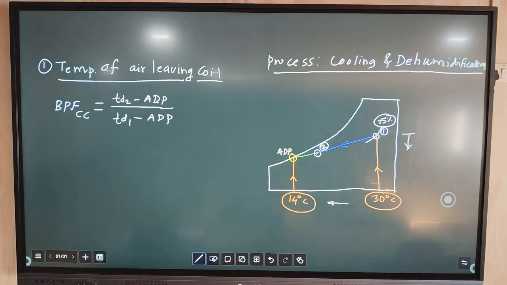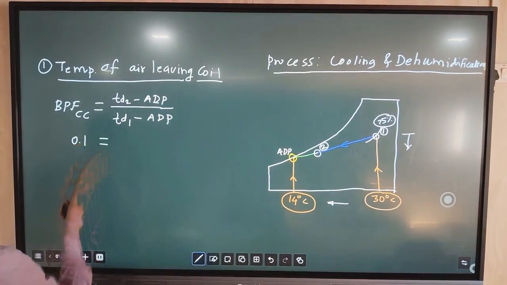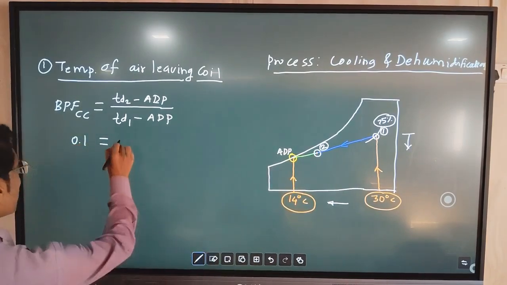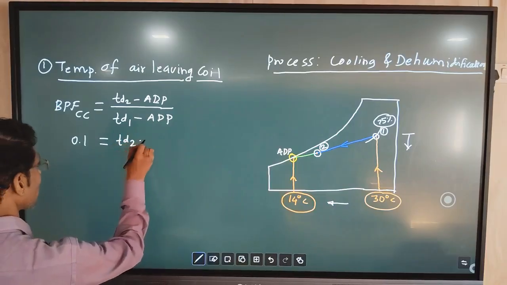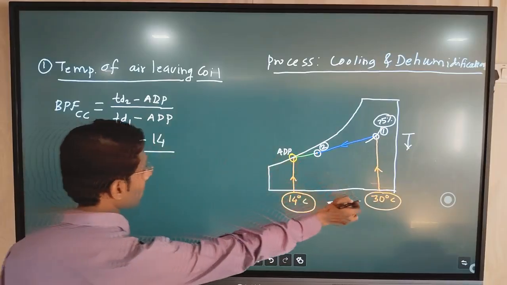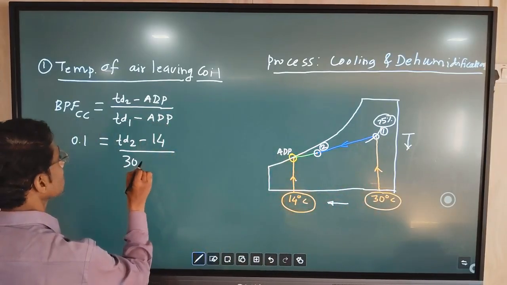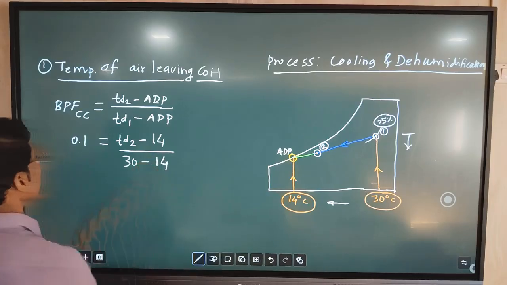Now, the bypass factor given in the numerical is 0.1. TD2 is the unknown that we have to find, ADP is given as 14, and TD1 is 30 degrees Celsius, minus ADP.